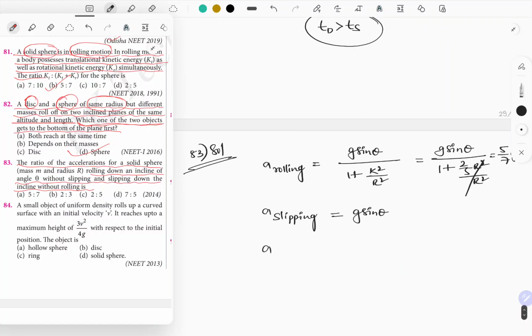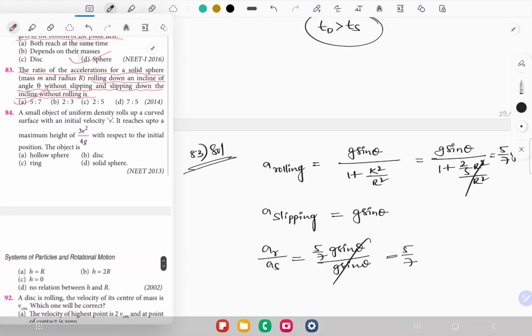We need the ratio, right? Acceleration rolling by acceleration slipping is 5 by 7 g sin theta divided by g sin theta. G sin theta will get cancelled. The answer is 5 by 7. Which option matches? 5:7 is the correct answer.